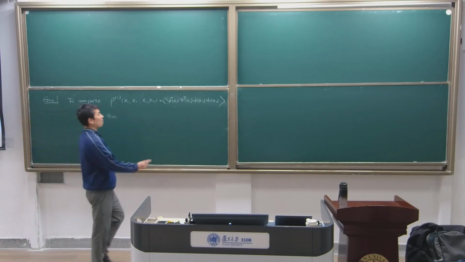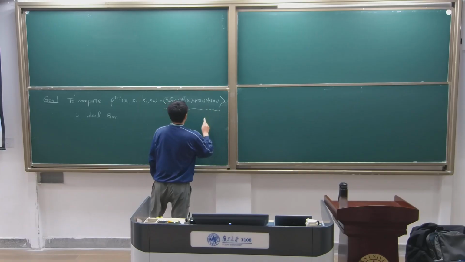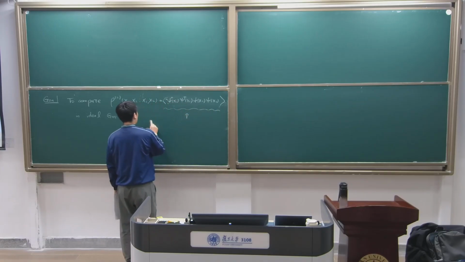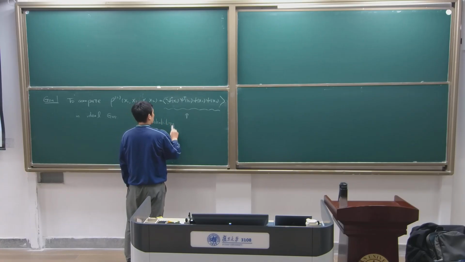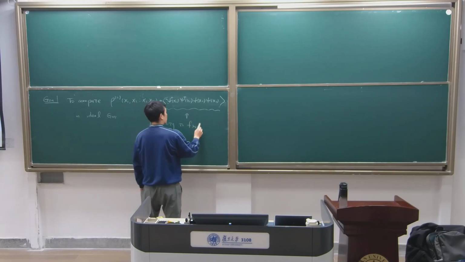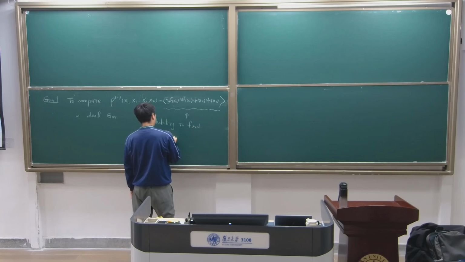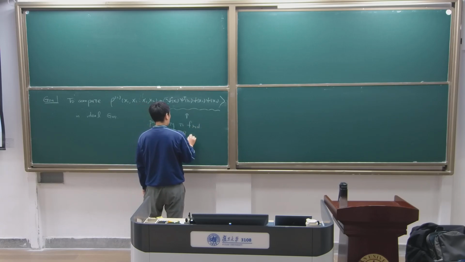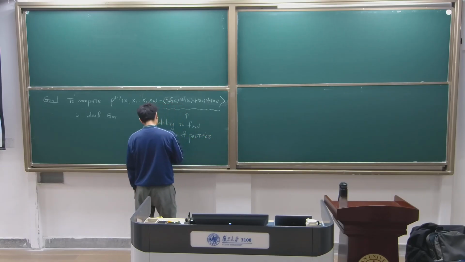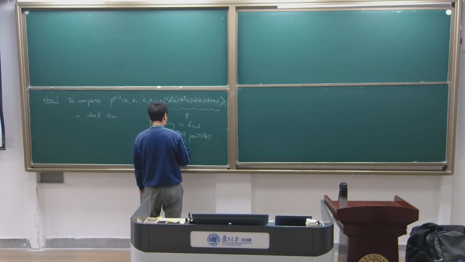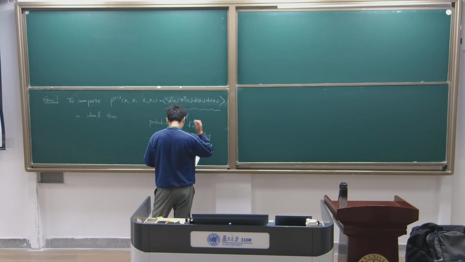So this is roughly speaking a measurement probability: find a pair of particles in positions x1 and x2.